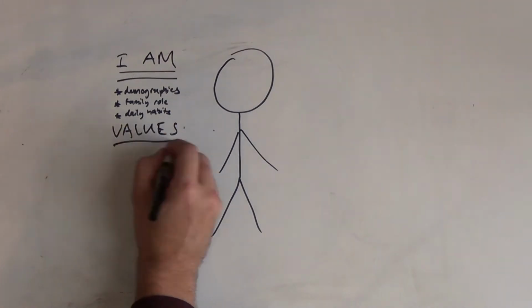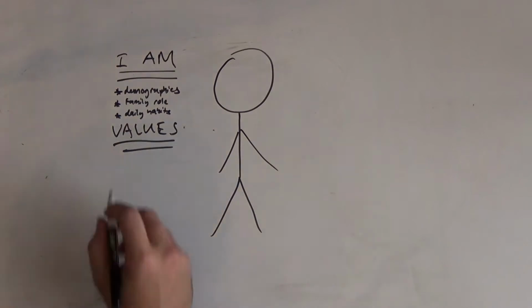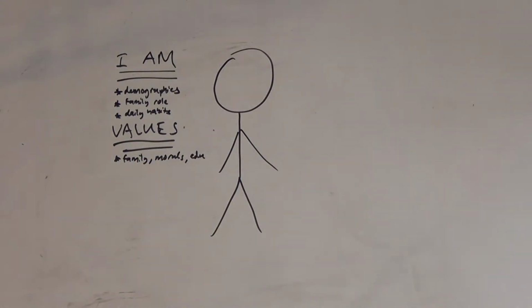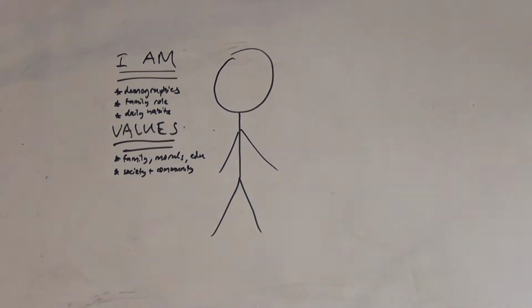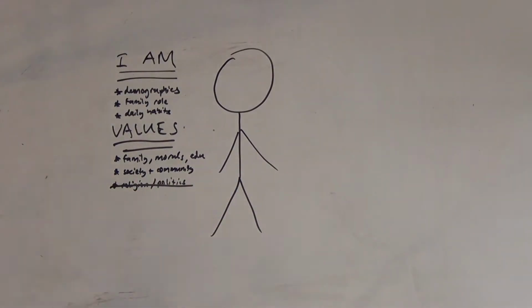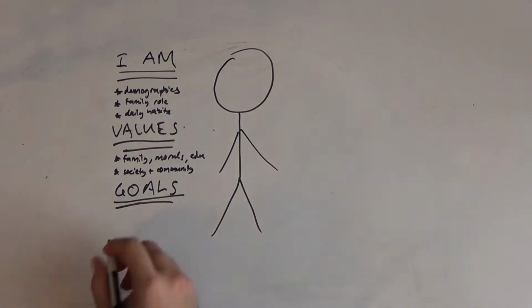So moving on to values, it's also called beliefs sometimes, but we won't talk a lot about the distinction between the two. Values largely come from our family, which means our morals, as well as our education and a bunch of other stuff. As a result, this can be extended into the society and the community we live in, and then eventually religion and politics, but we don't really like to talk about that. But moving on, goals.